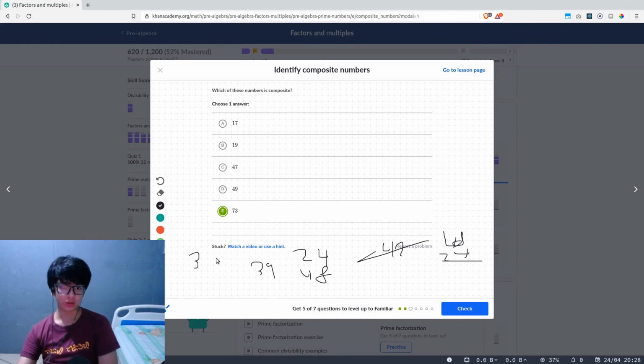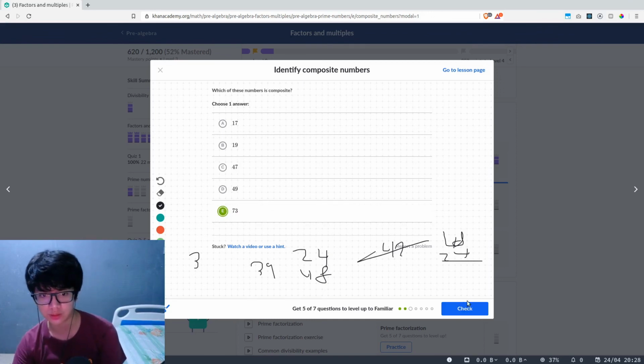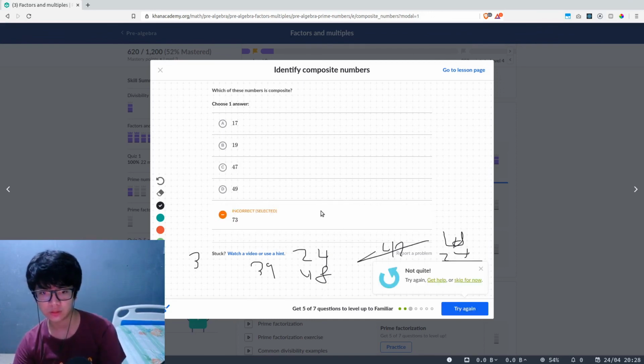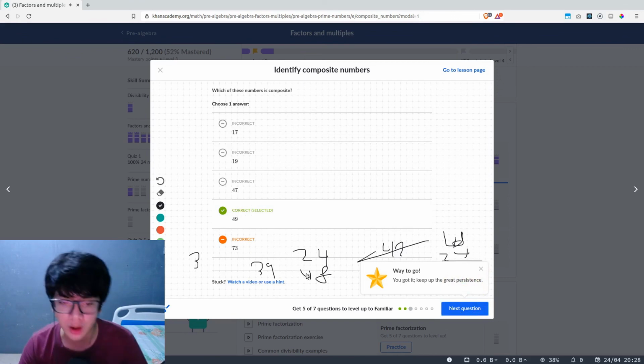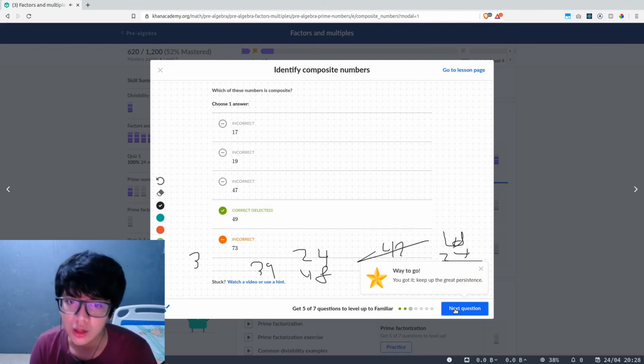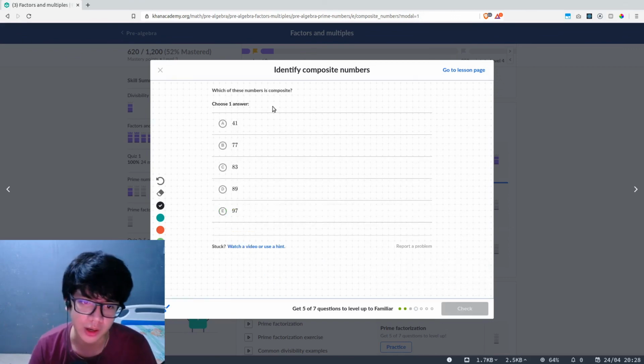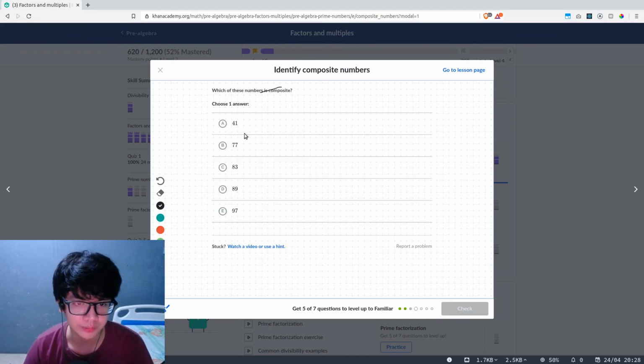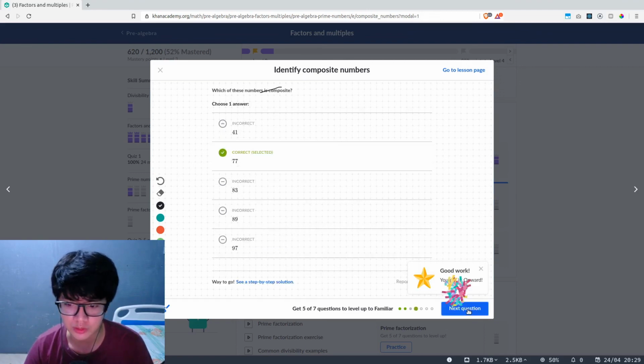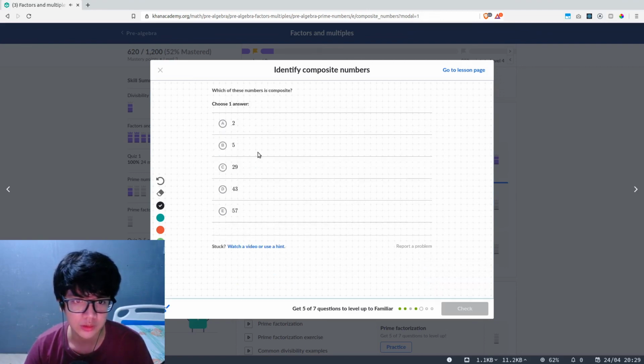Oh, 49 is 7 times 7, which means it's the composite one. I'm looking for composite, not prime. I selected the prime. Composite. Insanely hard, but it's B. It's composite.